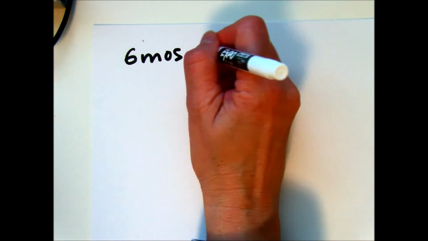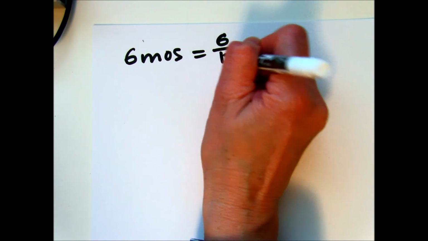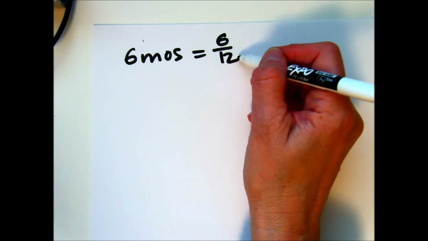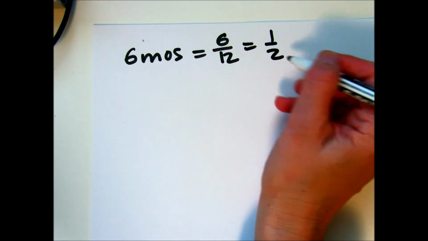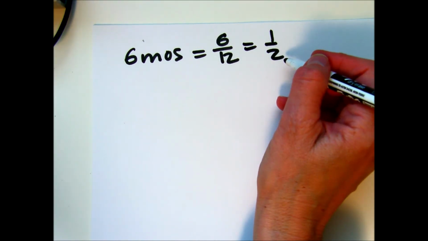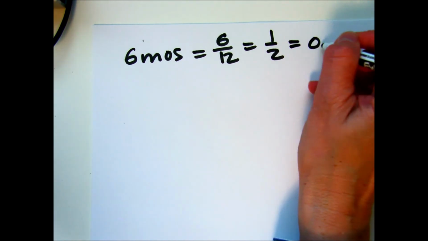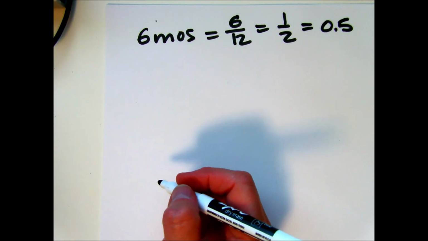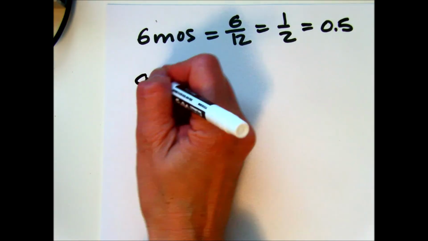Well, that's the same thing as 6 over 12, because there's 12 months in the year, so 6 months out of 12 months, or half a year. And of course, if you just want to keep it in decimals, you can convert that to a decimal number, 0.5.